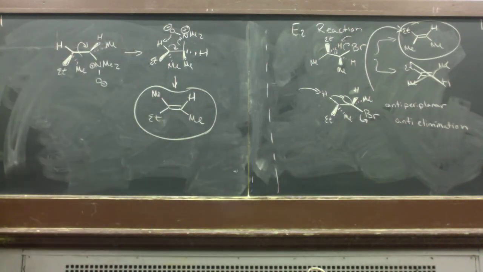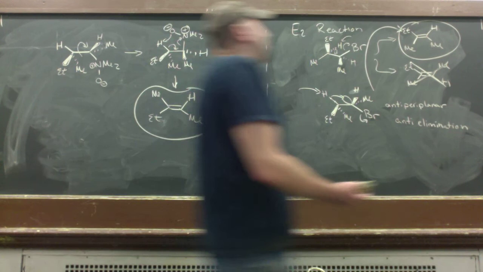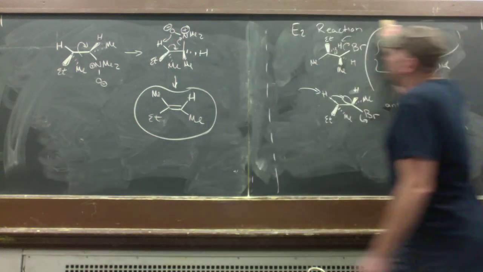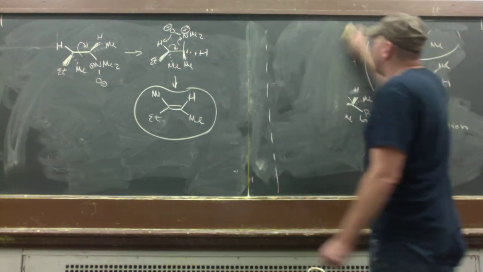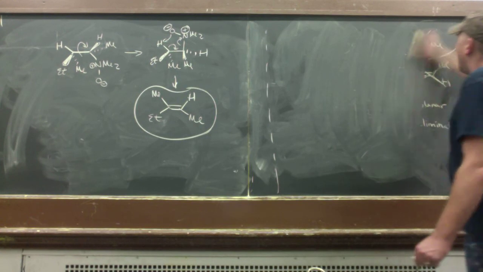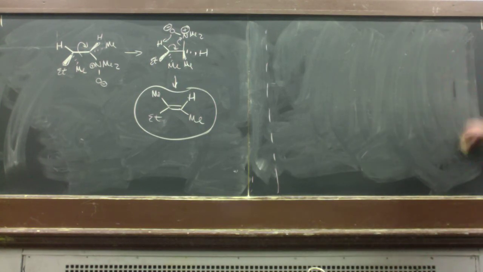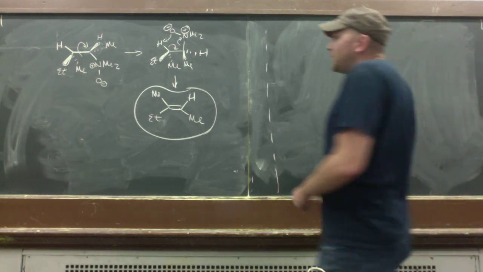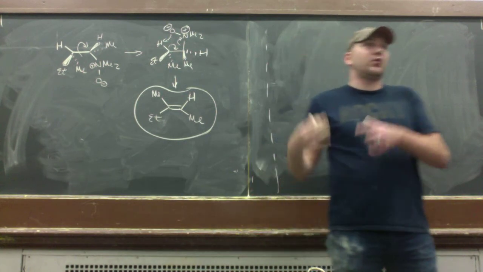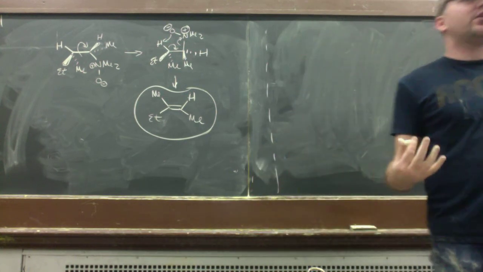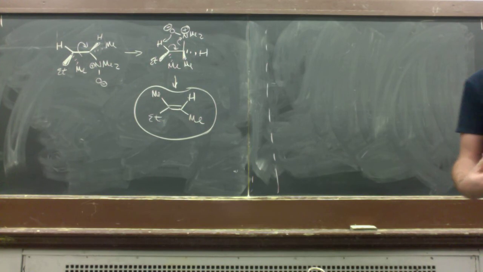Now, one of the things about Cope eliminations in general is that there's an element within this that has to do with if you have multiple groups that could be protonated, right? And so in these cases, I'll just explain it to you. So this is great for generating this certain stereochemistry, but there are some limitations to the Cope elimination.